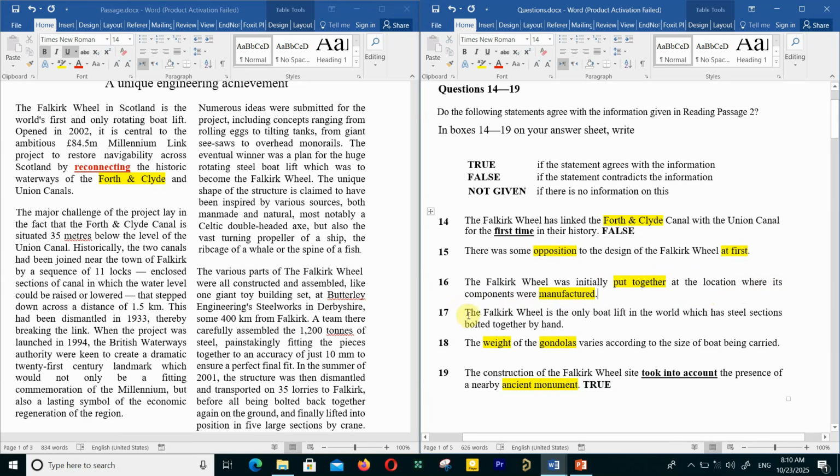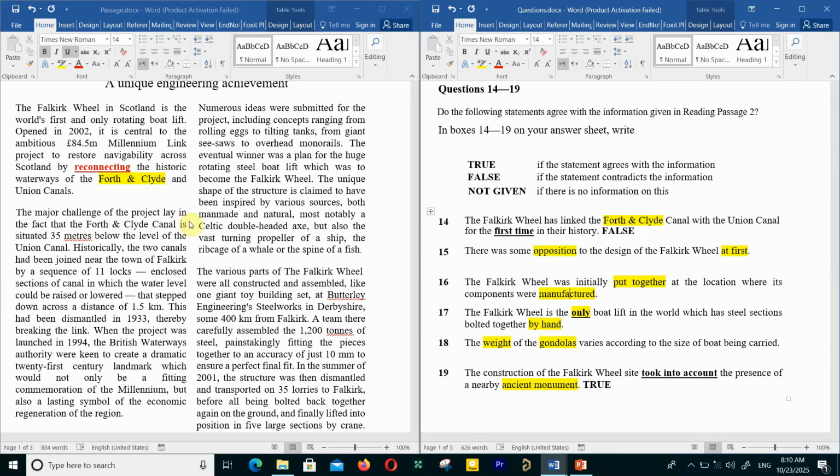And the other one: the Falkirk Wheel is the only, I love this word, so be careful about that, only boat lift in the world which has steel sections bolted together by hand. Okay, now we're looking for opposition and manufactured, something components were manufactured, just these two.